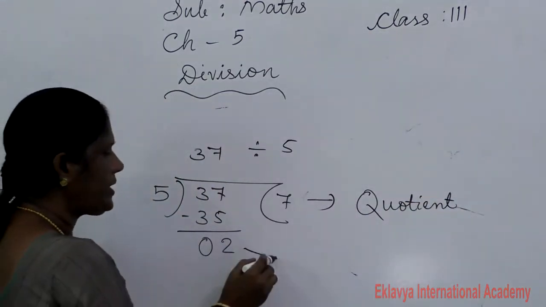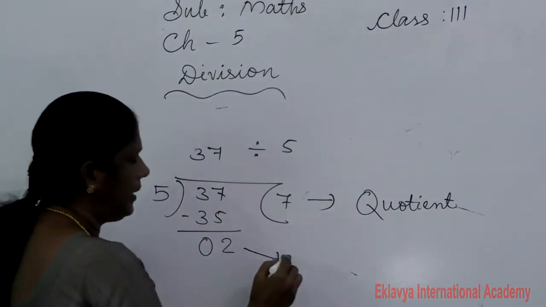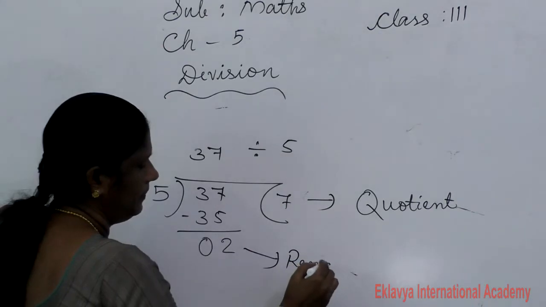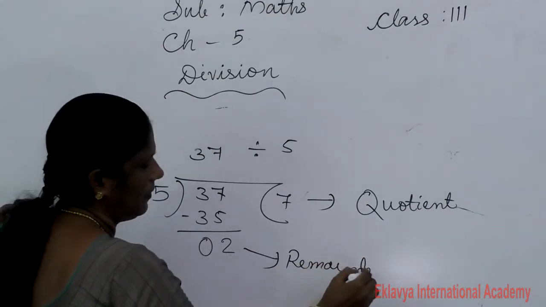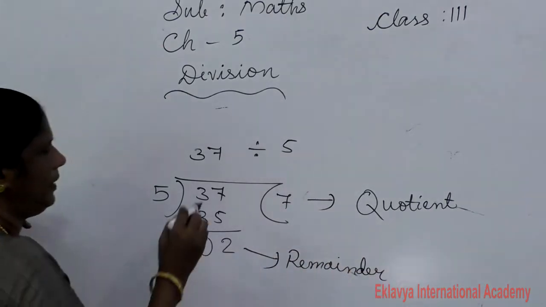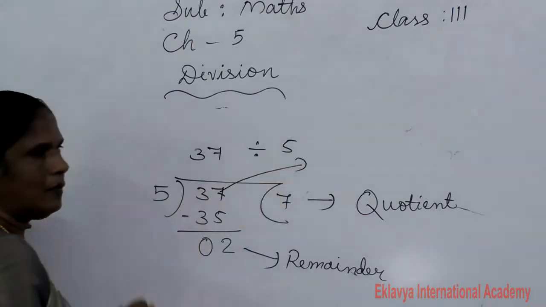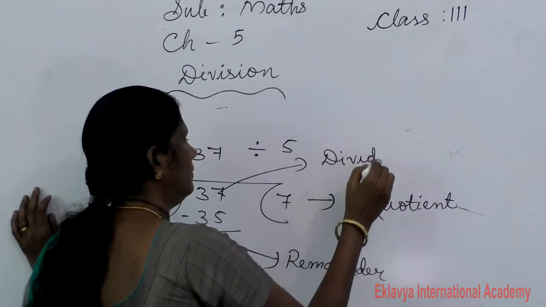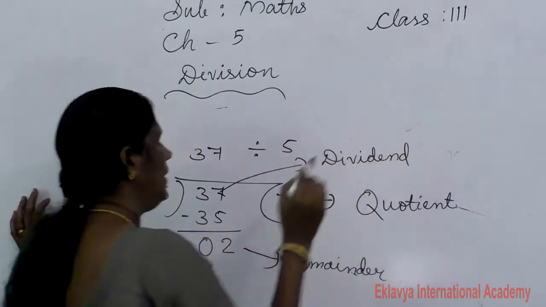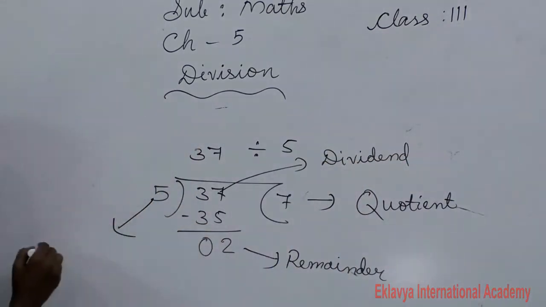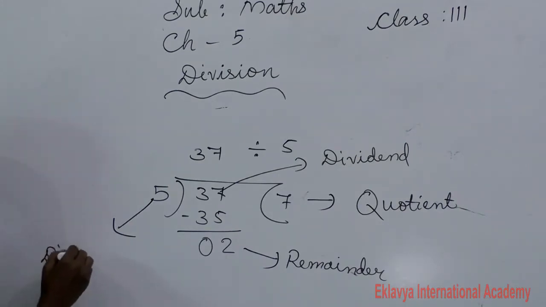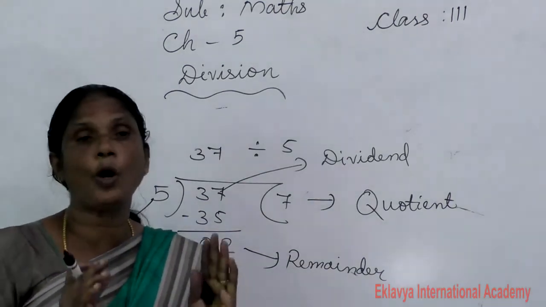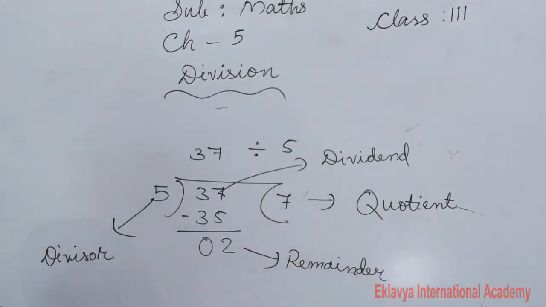Then 2 is our remainder. Then 37 is our dividend. Then 5 is our divisor. Understand? Now we study the properties of division.